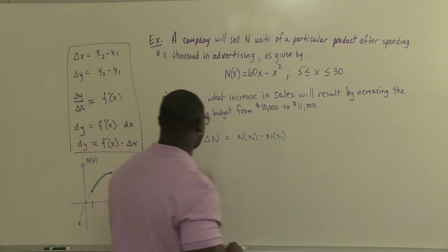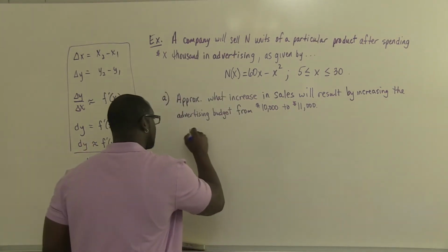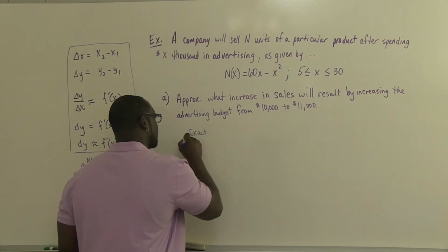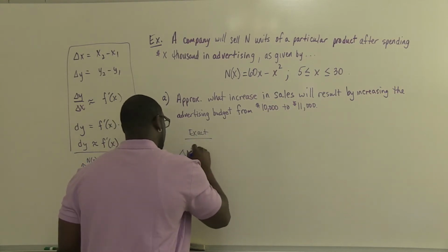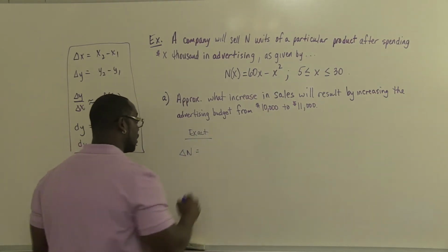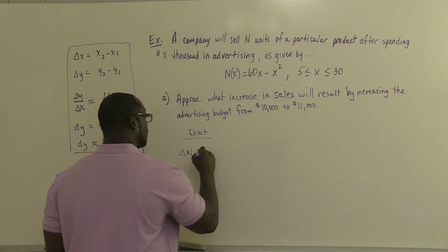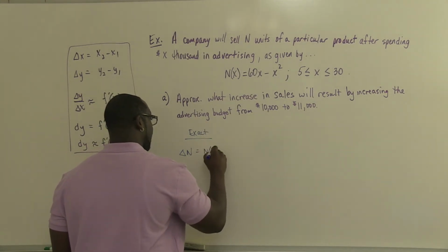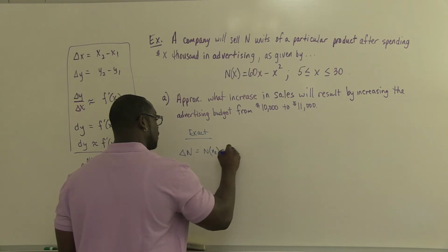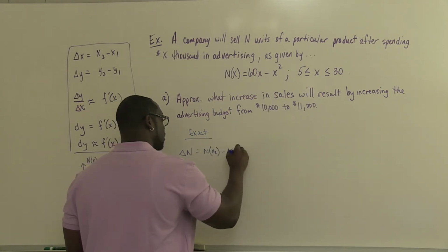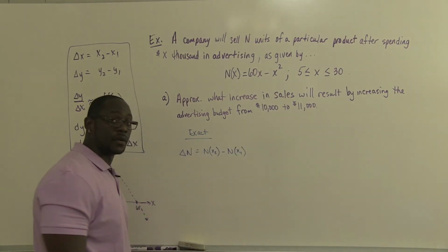All right, so I'm going to just label this as exact. And if we did delta N here, then of course that means we want to know the value of N at some x2 value minus N at some x1 value.